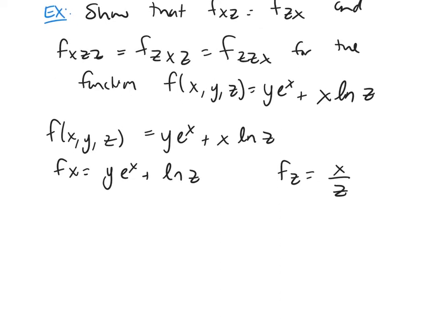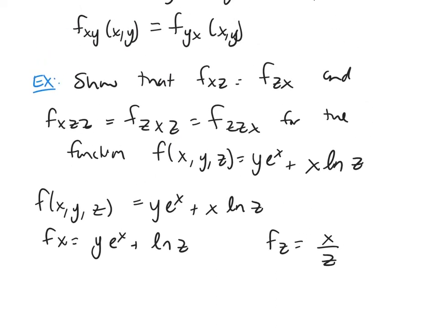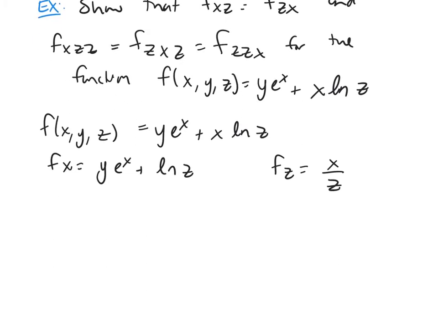And now, looking back, I need fxz and fzx. So fxz, now take the derivative here with respect to z, you'll get 1 over z.